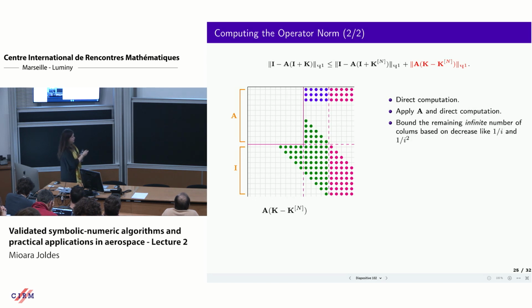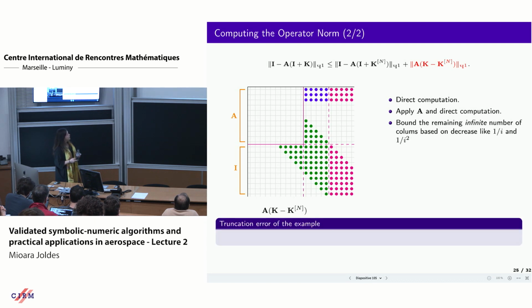And then I will have the real tail of my operator, where I have to use some a priori bound. And as I showed before, for this case, we proved that they are in 1 over i squared. So I will use this bound on them.